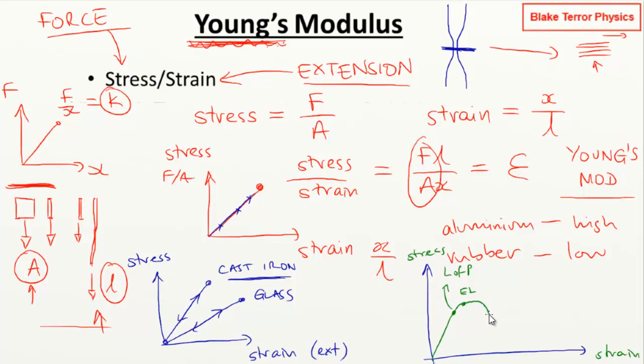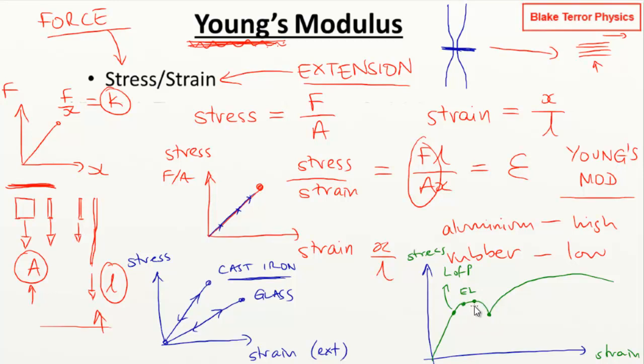So it might do something like this. This is the usual graph that people draw out. So you might get what's called yield points. From the top here down to this low point here, essentially we're just getting this free extension, where for the force that's already been applied to get up to this yield point, we're just going to get this accelerated extension now, up until, well, even beyond this point.